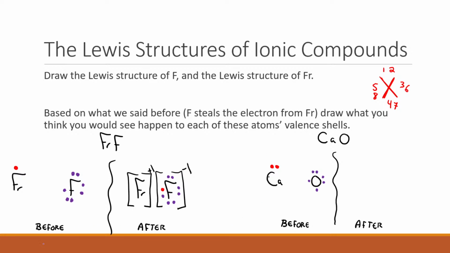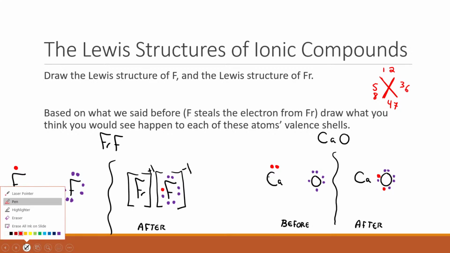Now for our after, we should see calcium losing both of its electrons, being taken by oxygen. And our new electron configuration, our new Lewis dot diagrams, should look like this.